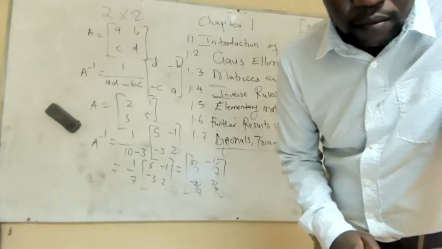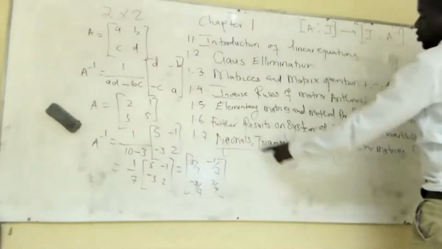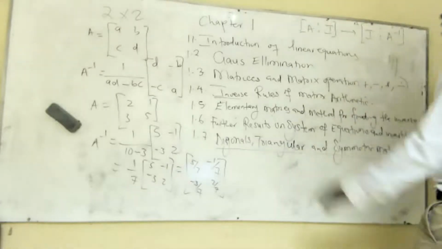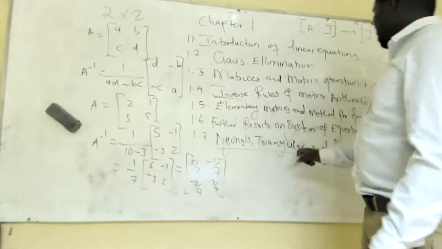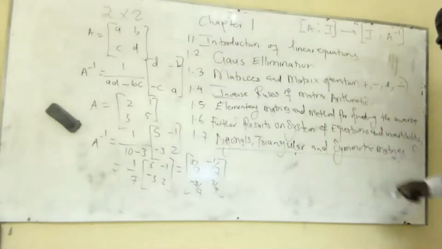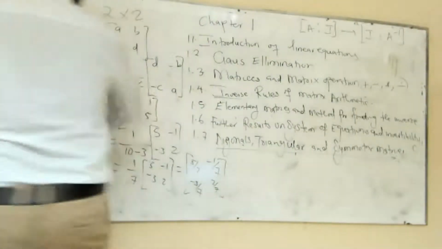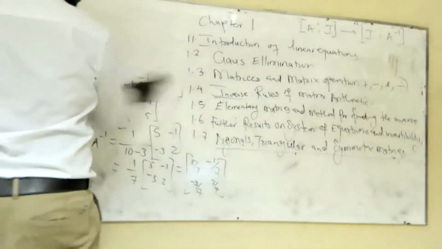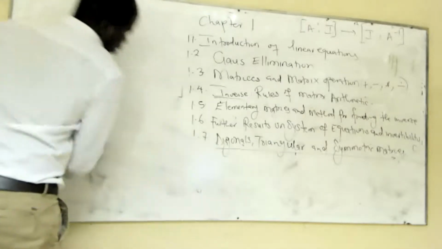Yeah, yeah. No problem. So now today we're going to do the last one under chapter 1, which is diagonal, triangular, and symmetric matrix. I've covered a bit about this, so you will see it's related with what we have done already.